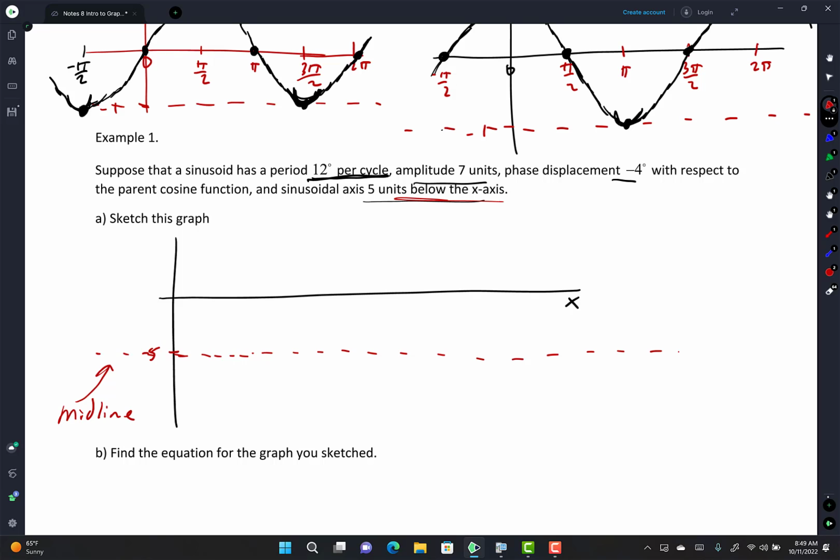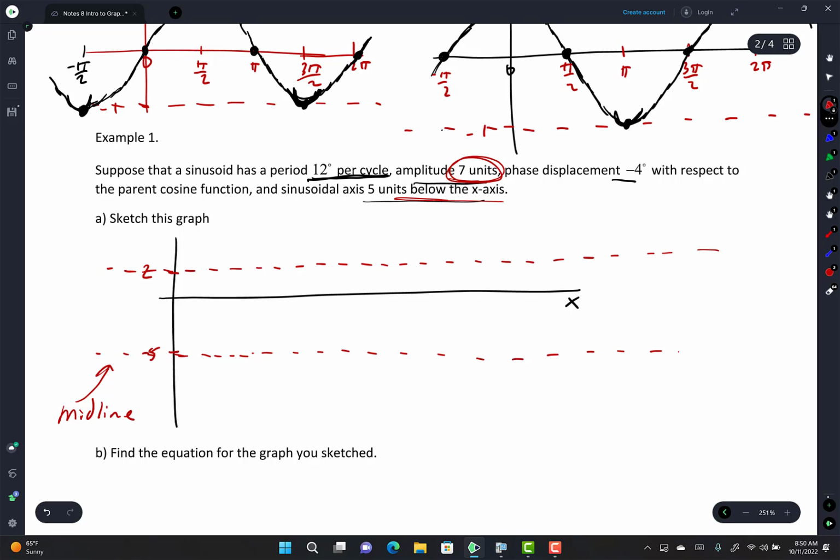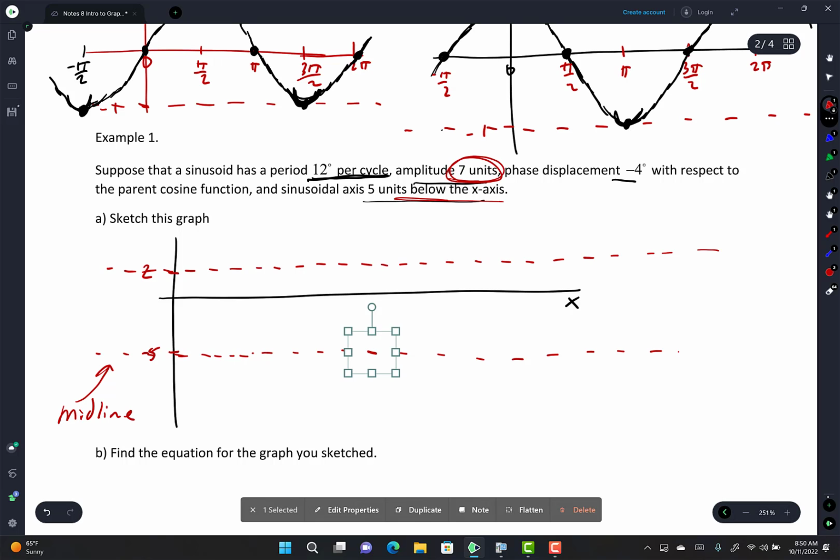All right, here we go. I'm going to sketch my max and my min. I know that the amplitude is 7. So if the amplitude is 7, what is -5 plus 7? So go to 2 and put a dashed line. You're not going to pass that 2. And then I'm going to go below that -5. What's -5 minus 7? So -12. So I'll go down here to -12.